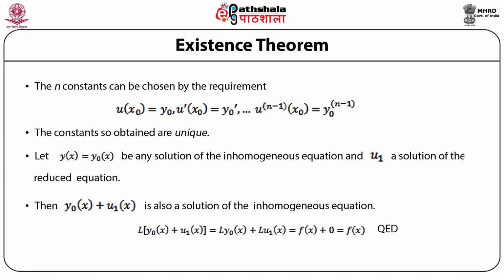We can prove it simply as L times y0 plus u1 is equal to the product of L and y0 plus the product of L and u1, which in turn is equal to f of x plus 0, thus resulting in f of x. Thus, it is proved that y0 plus u1 is also a solution of the inhomogeneous equation.